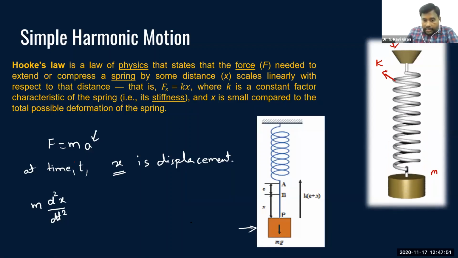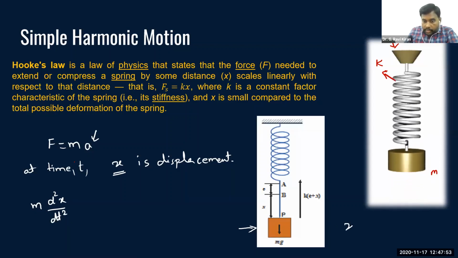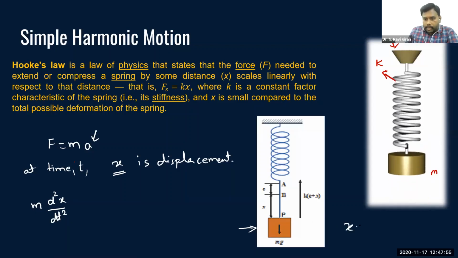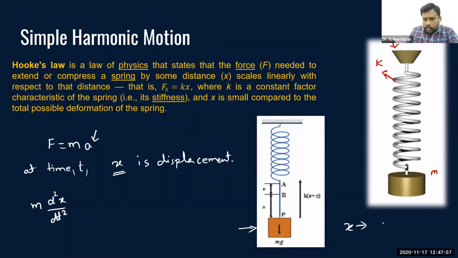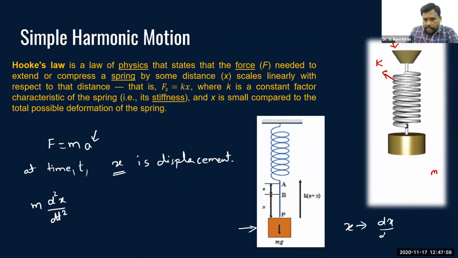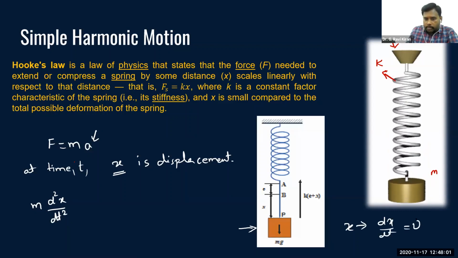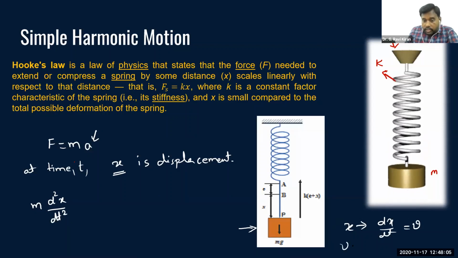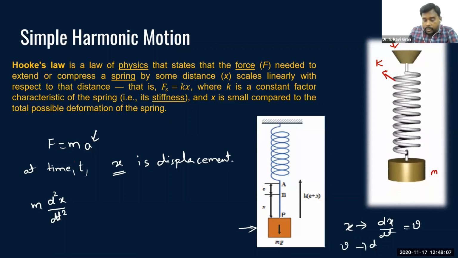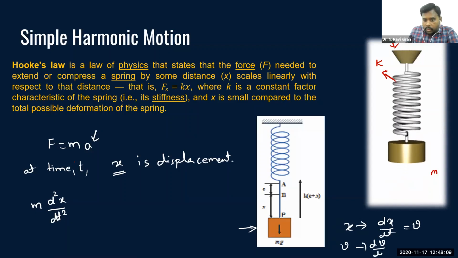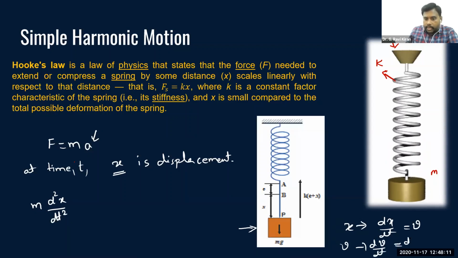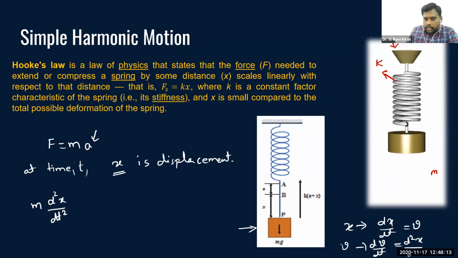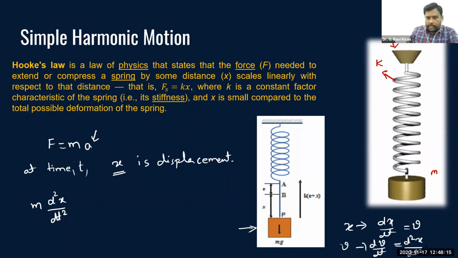How can you calculate acceleration? As we know, if we take x as the displacement, the rate of change of displacement is velocity, right? dx by dt represents velocity. Then when you calculate the rate of change of velocity, dv by dt, or you can write it as d square x by dt square, the differentiation of dx by dt, right?